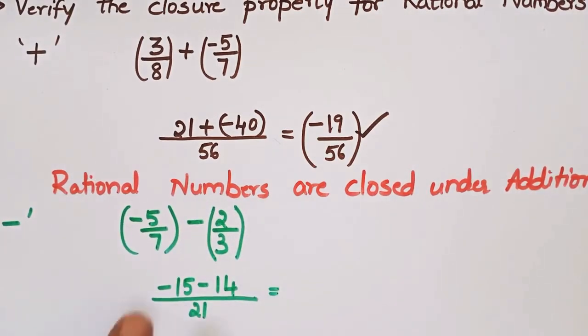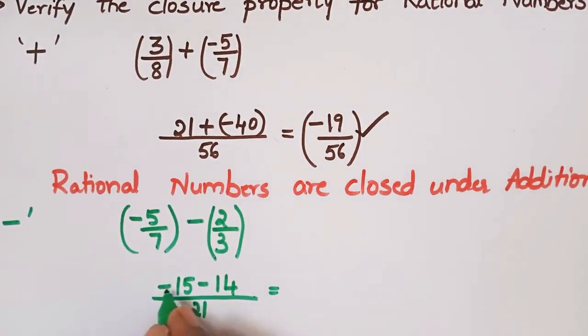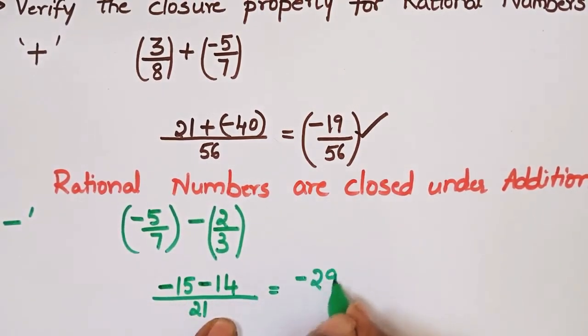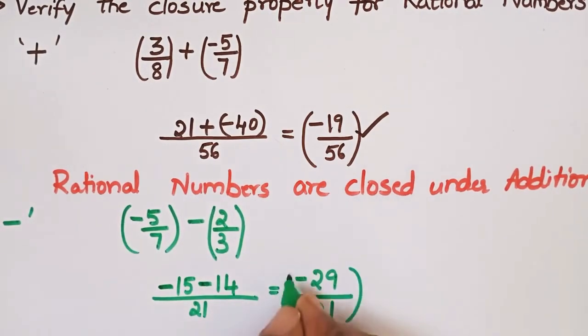Okay. So minus 15 and minus 14, isn't it? As they are both possessing the same sign, we need to add up. My answer will be minus 29 by 21.